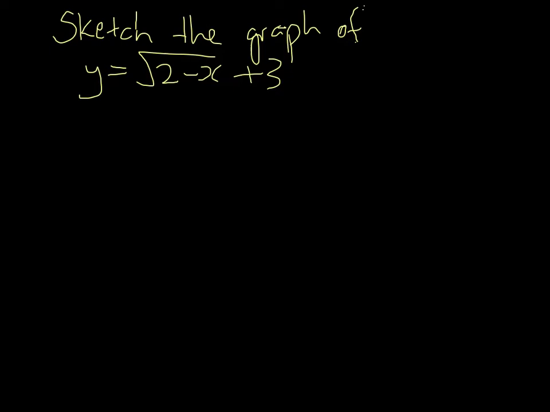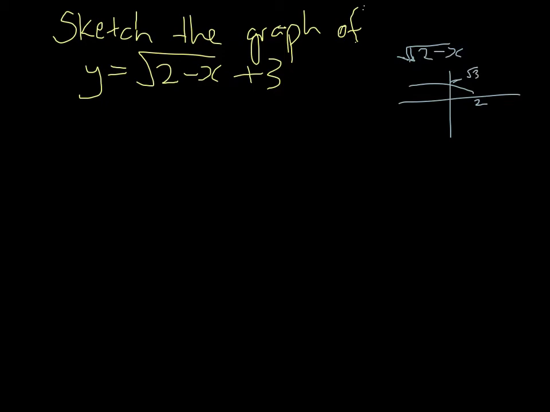Okay, very quickly, a graph of, pick a blue colour. If I was to draw a graph of just root 2 minus x, that would look a bit like that, which would start off at 2, and when x is equal to 0, this intercept here would be the square root of 2.